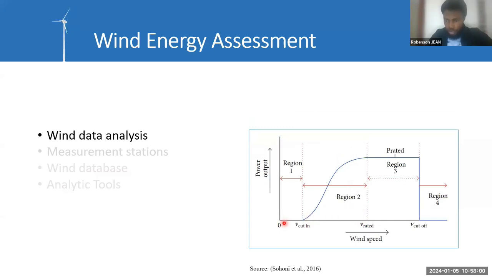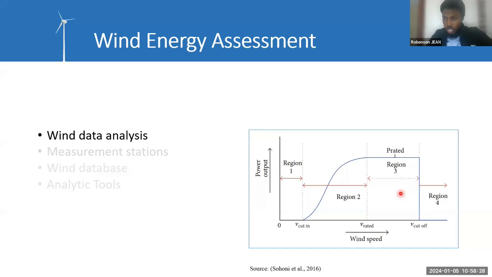So this is wind speed, this is power, for a given wind turbine. You can see that before the cut-in speed, we are not generating power. And inside this region, the power is increasing. But after V rated, the rated wind speed, we are in the rated power region.